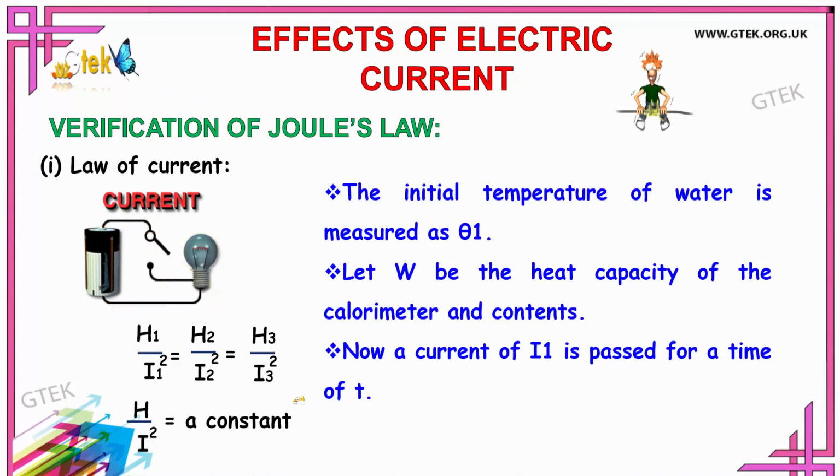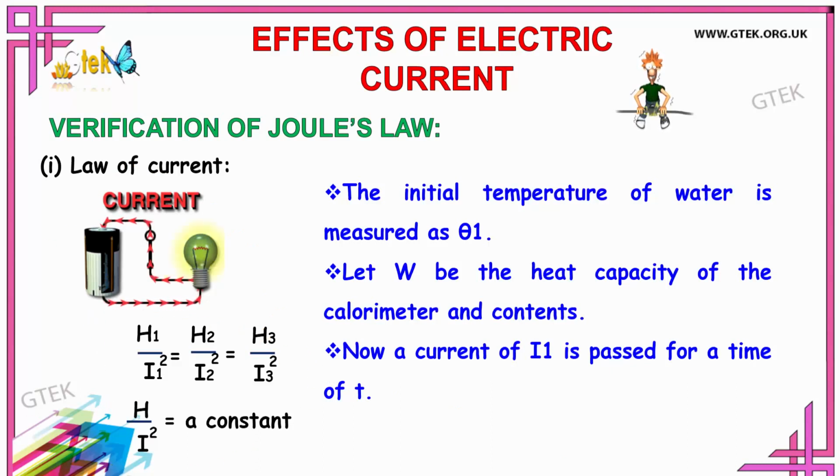So, the first one is about the law of current. The initial temperature of water is measured as theta 1. Let W be the heat capacity of the calorimeter and its contents. Now a current of I1 is passed for a time of t.